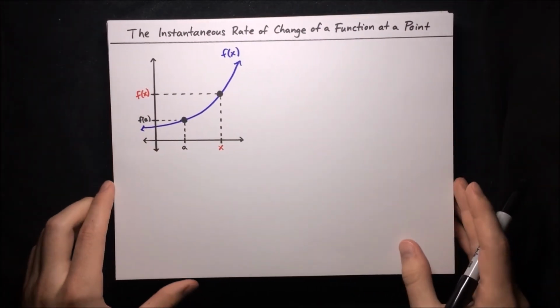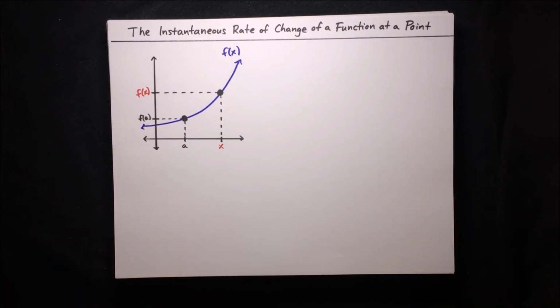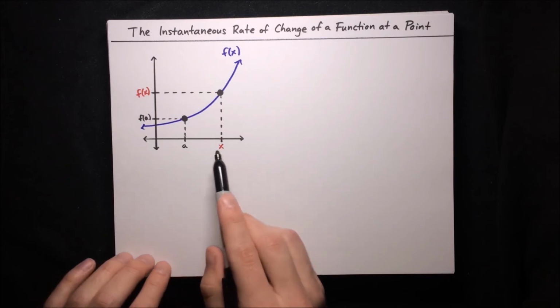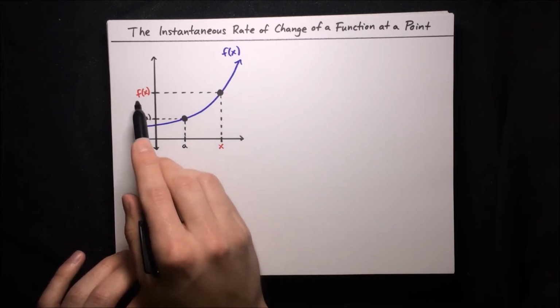Now let's talk about another way that we can define the instantaneous rate of change of the function f of x at the point a. We know that another way of computing the average rate of change of an interval is to work just with the endpoints of that interval instead of factoring in the duration of the interval. So here we've got an interval with endpoints a and x, function values f of a and f of x.